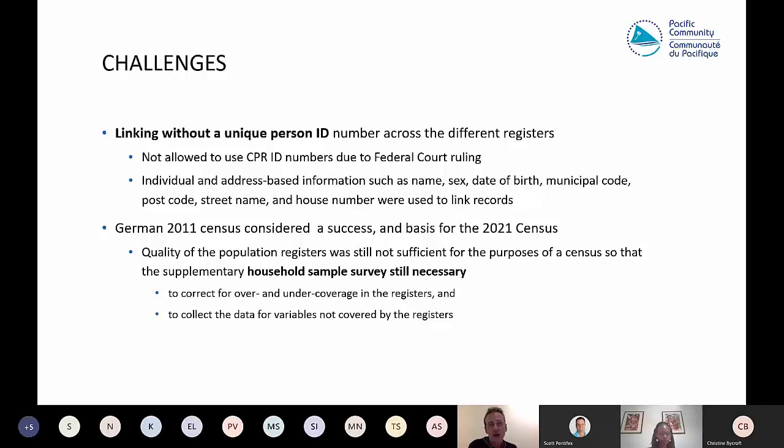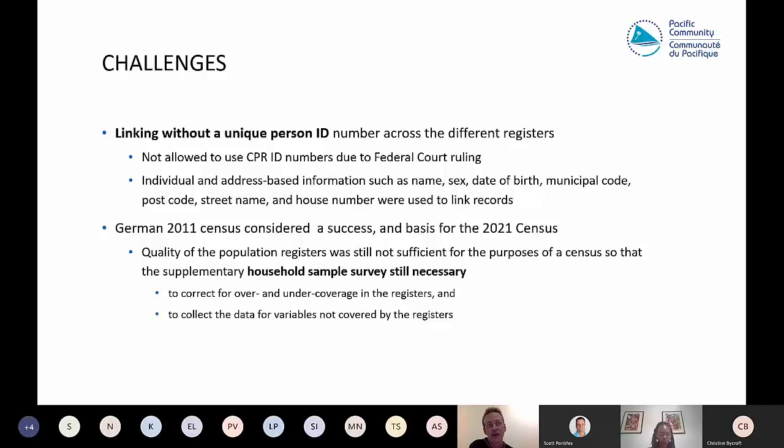So, like the UK and like New Zealand, they were linking without a unique person ID. They were linking in a very similar way to what we've heard from the UK and New Zealand. They linked on information such as name, sex, date of birth, and then address information, municipal code, street name, house number, etc. So there's a common message there.